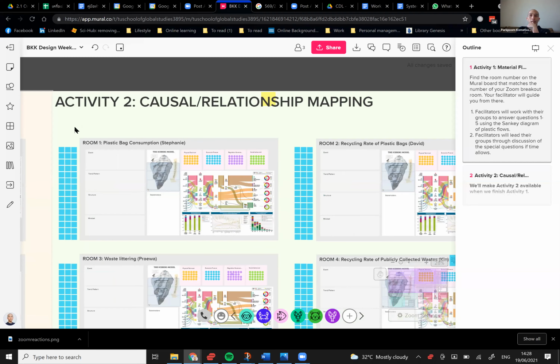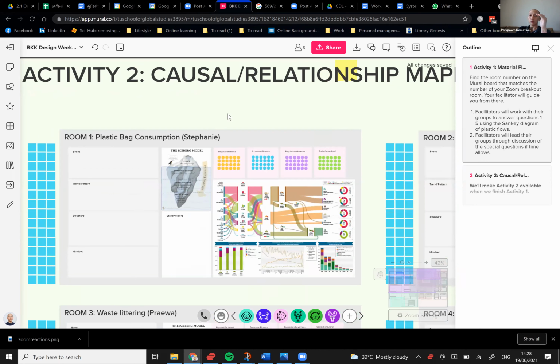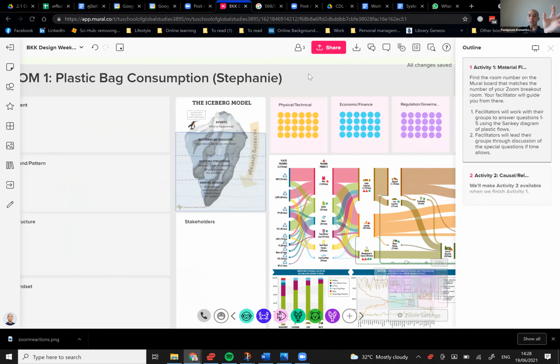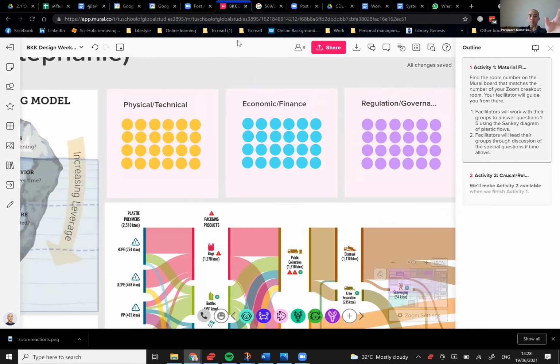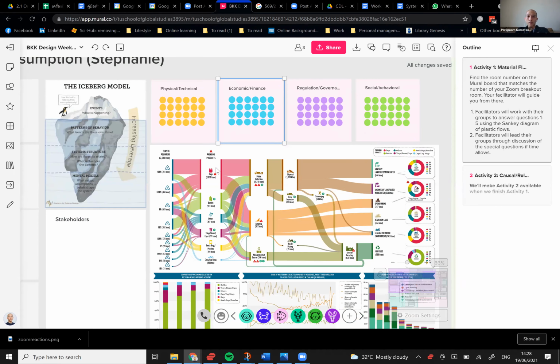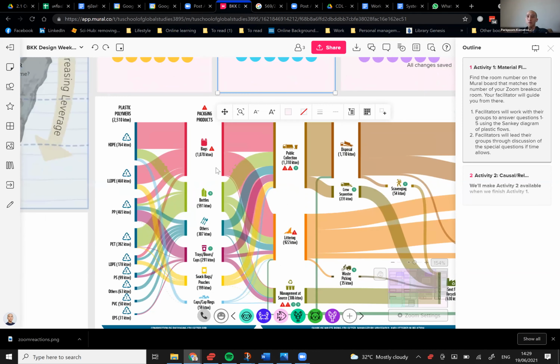So for activity number 2, we'll want to take us back to the iceberg models, because now that you understand the current state of the plastic packaging waste from the event and pattern level, it'll be nice to focus on one specific hotspot or issue within this whole plastic journey, and figure out the underlying factors or key drivers causing the events we are experiencing now.